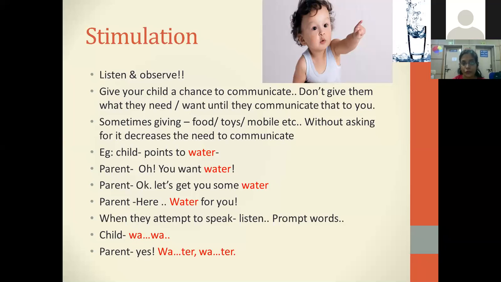Here, water for you. So when you have used this particular word, water, which is the target word in this example, because the child has pointed to that particular object, you have named it: you want water, let's get you some water, here, water for you. So you've used the word 3 times.